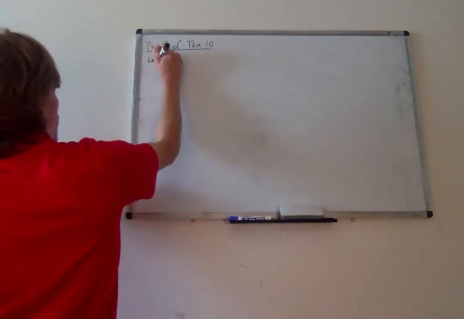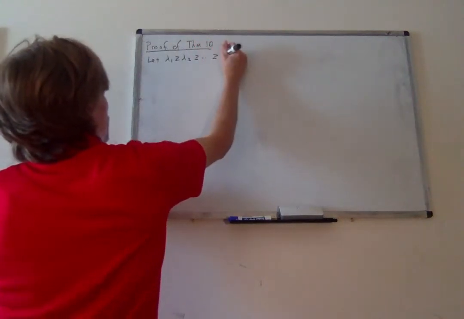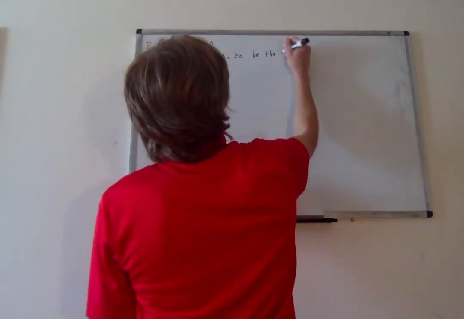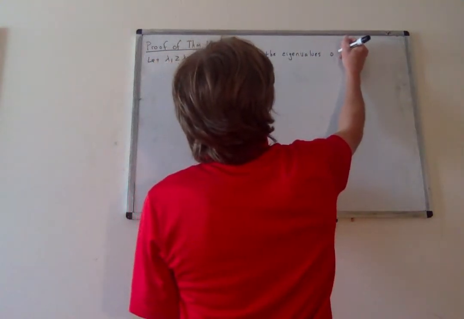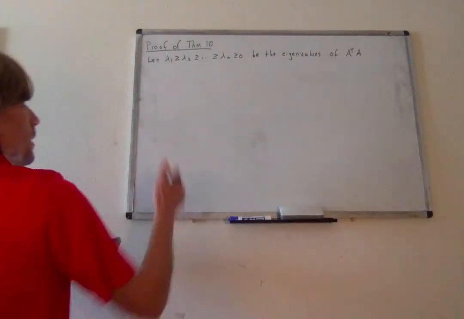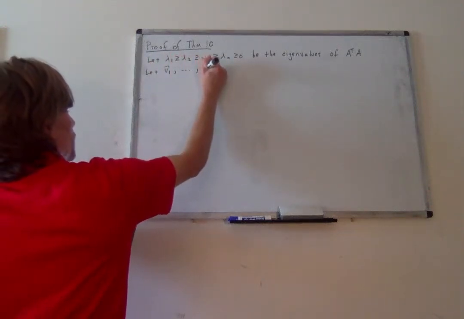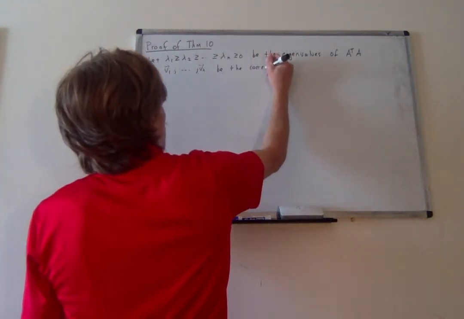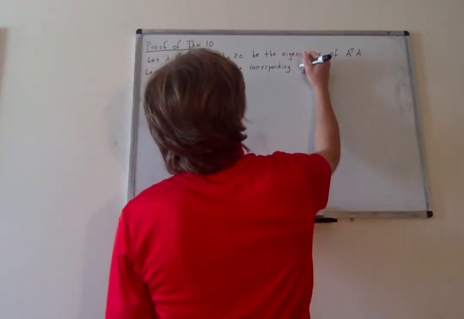We're going to order the eigenvalues of A transpose A from greatest to smallest, where A is the M by N matrix stated in the theorem. And we're going to let V1 through Vn be the corresponding eigenvectors, where again the indices match up with the correct eigenvalue eigenvector pair.